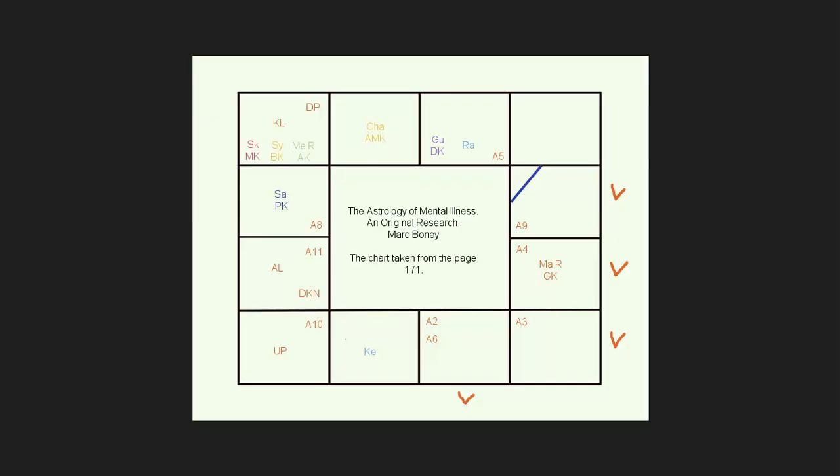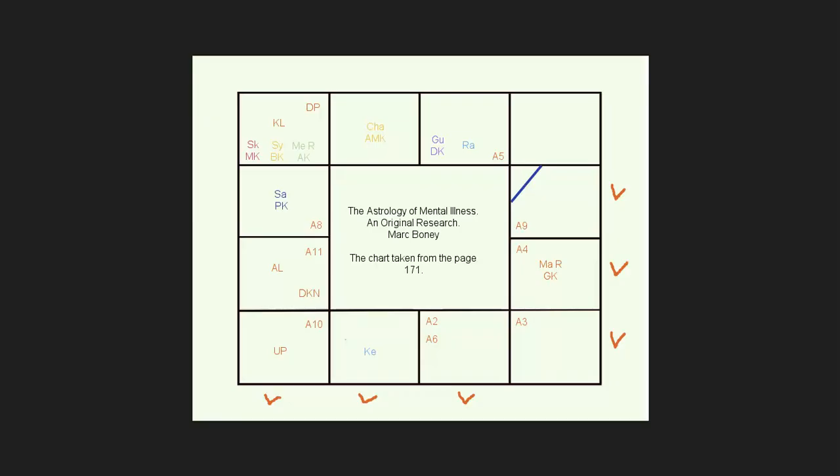Going further to the fifth house, in the sign of Vrishchika or Scorpio, we've got Ketu placed in the fifth house. Leaving the fifth, going to the sixth house, which falls in the sign of Sagittarius or Dhanu, we can see the Aruda of the 10th house falling in Sagittarius, as well as Upapada Lagna, marked as UP.